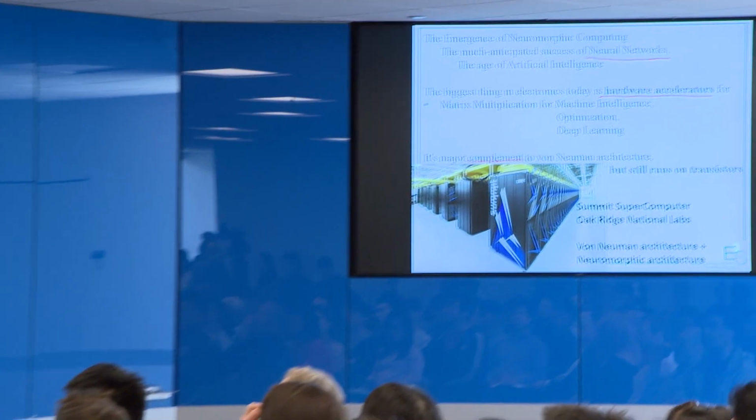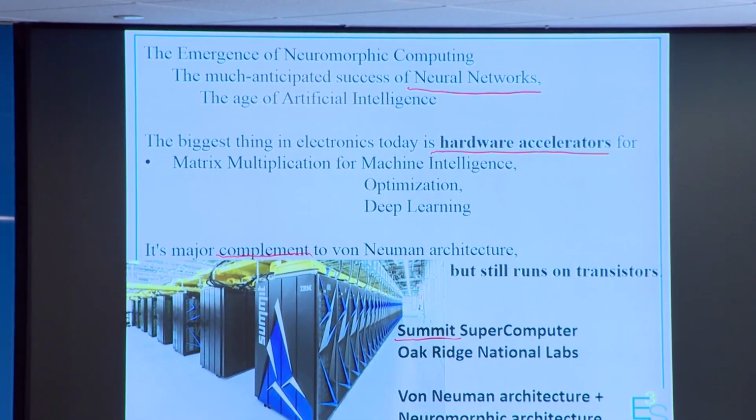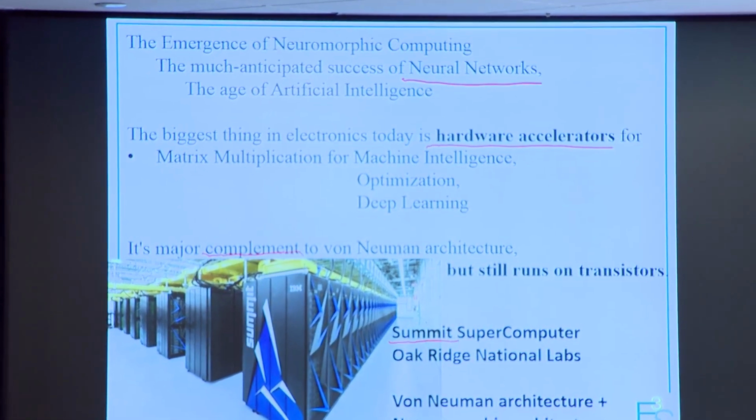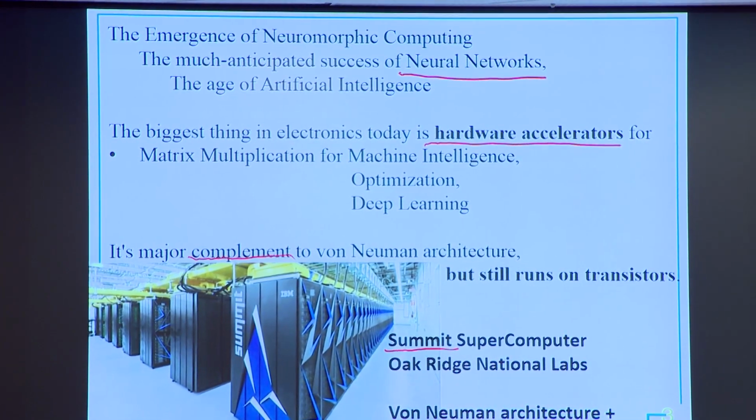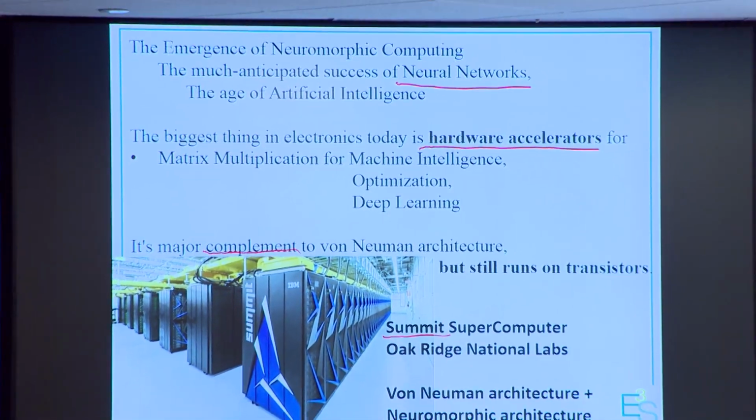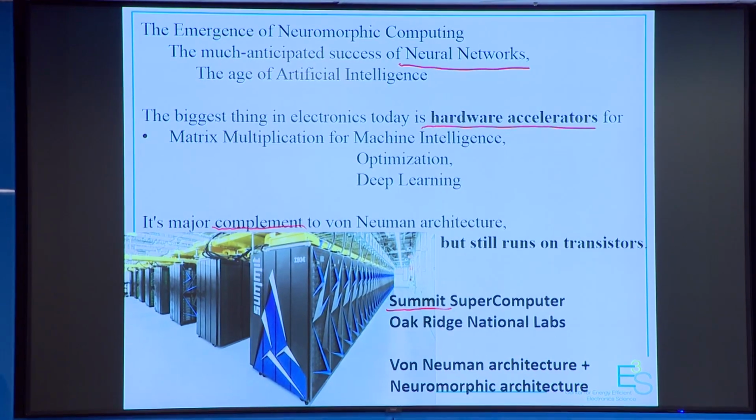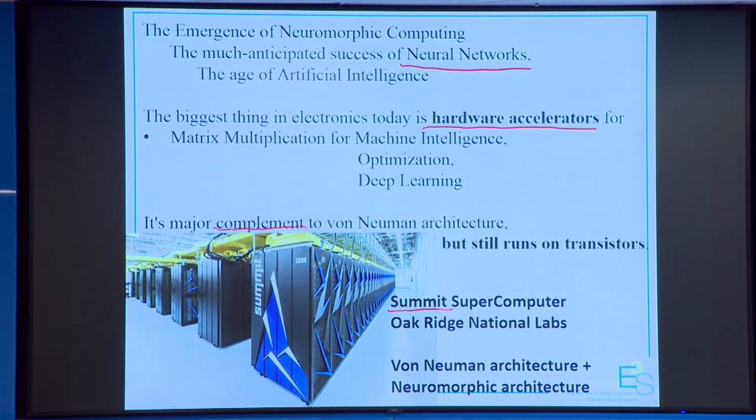Now, of course, all this artificial intelligence is a fantastic thing. It has not displaced normal computing, and it is a major complement to normal von Neumann architecture. And so this is the biggest supercomputer as of last year, and it is located at Oak Ridge National Labs, called Summit, and it is about half a normal supercomputer, and the other half is all neural network, let's say accelerators or processors, which basically means linear algebra.